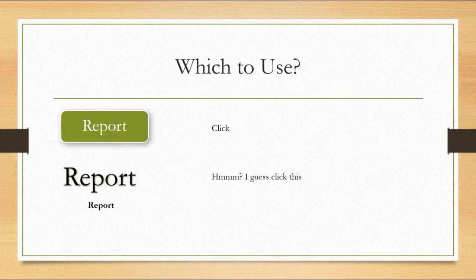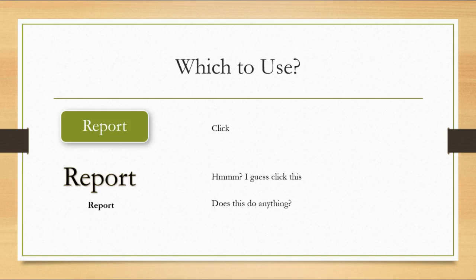The next one, I don't know. Is that even clickable? I can't tell. The last one, does this even do anything? So to a user, having something that looks like it's clickable and does something will make it look like a button. This is fairly obvious that it's clickable.